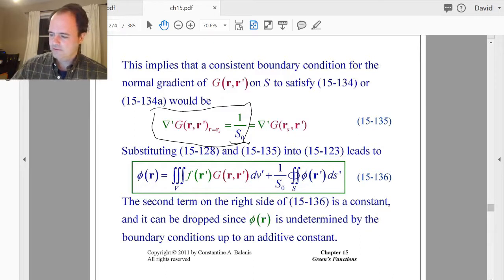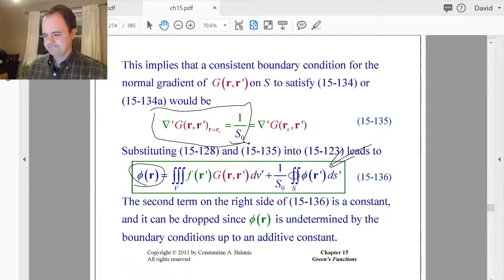So then this is what the final equation becomes for the evaluation of phi. The second term on the right-hand side is a constant and can be dropped. So this ends up to be a constant, all right? It's a constant value. It doesn't depend on R.